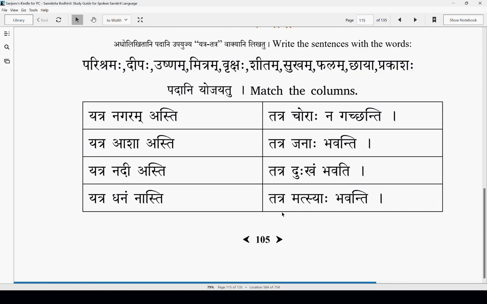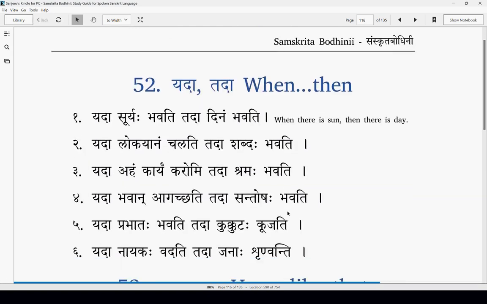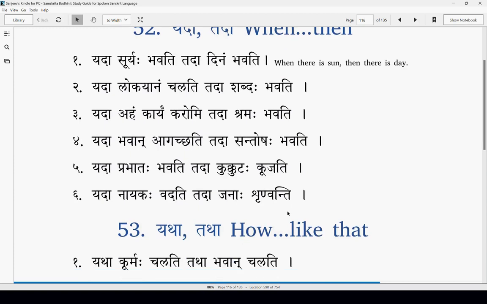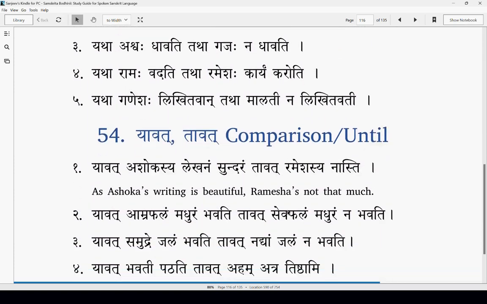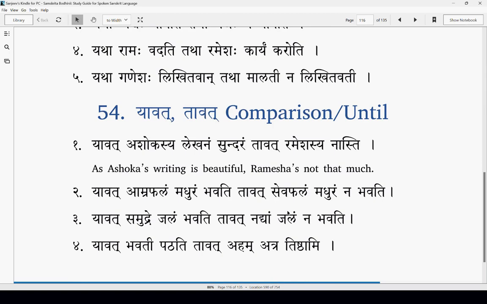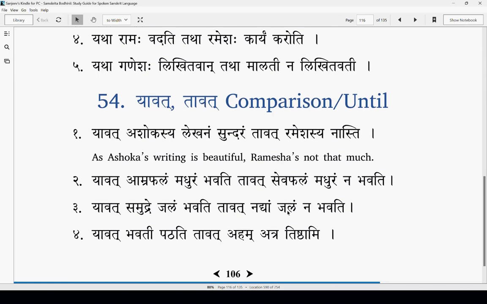Yada, tada, avyam. Yatha, tatha also avyam. Yavat, tavat are sometimes avyam, sometimes not, depending on the context.